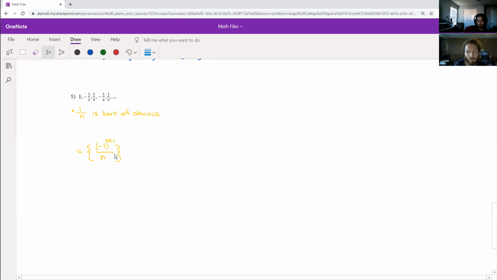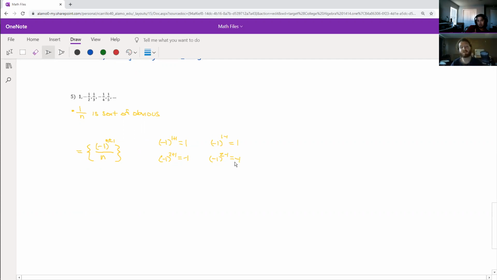It can be either one, right? Because if you do n plus 1, then your first term is -1 to the 1 plus 1 power, so this is just 1 up top. Your second term is 2 plus 1, which is 3, gives you -1. If you do n minus 1, you get 1 minus 1, which is 0, and that's just 1. You get 2 minus 1. Anything to the first power is just itself again, right?